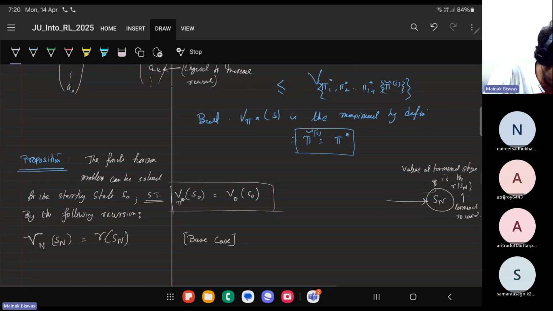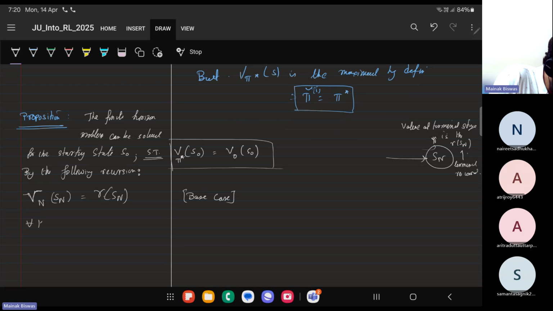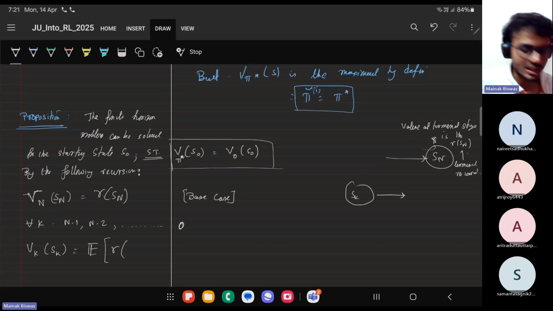Good. And now I say for all k in n minus 1, n minus 2, dot dot dot, all the way to 0, Vk of sk is the expected value of, can you tell me what it will be? You are in a particular state sk. We will prove it, but the intuition has to be there.